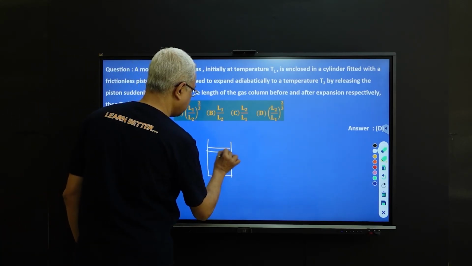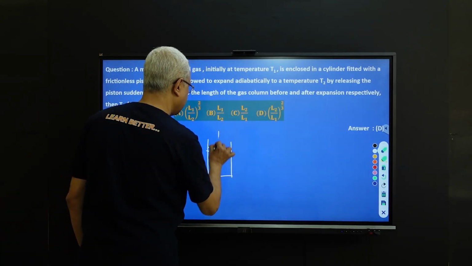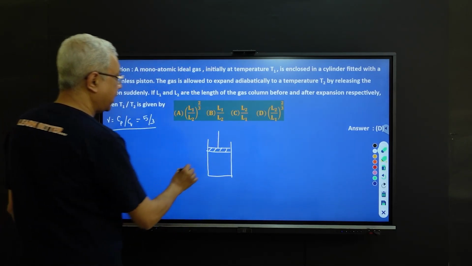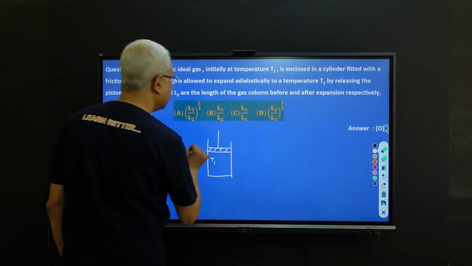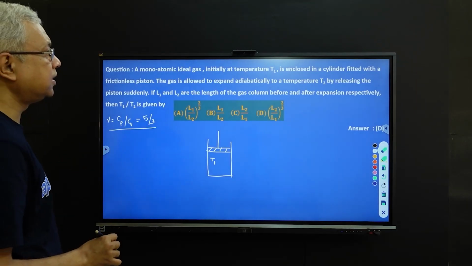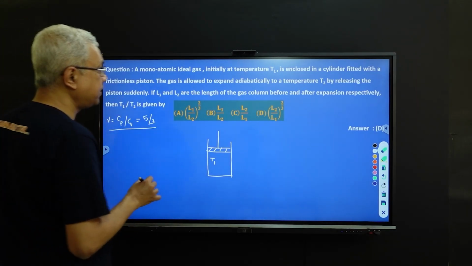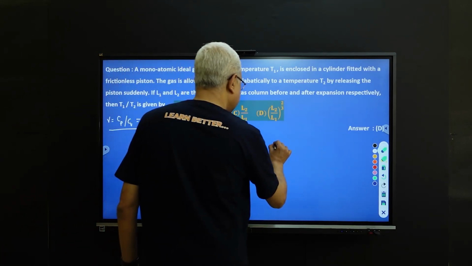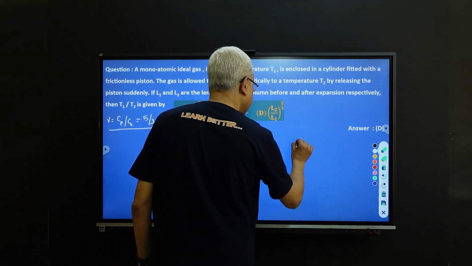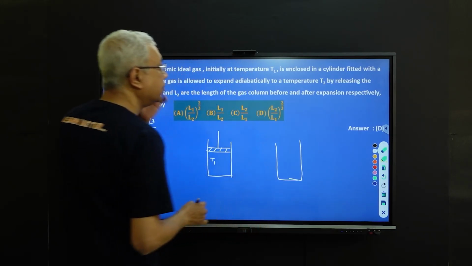So this is a frictionless piston and cylinder at temperature T1. The gas is allowed to expand adiabatically to temperature T2.